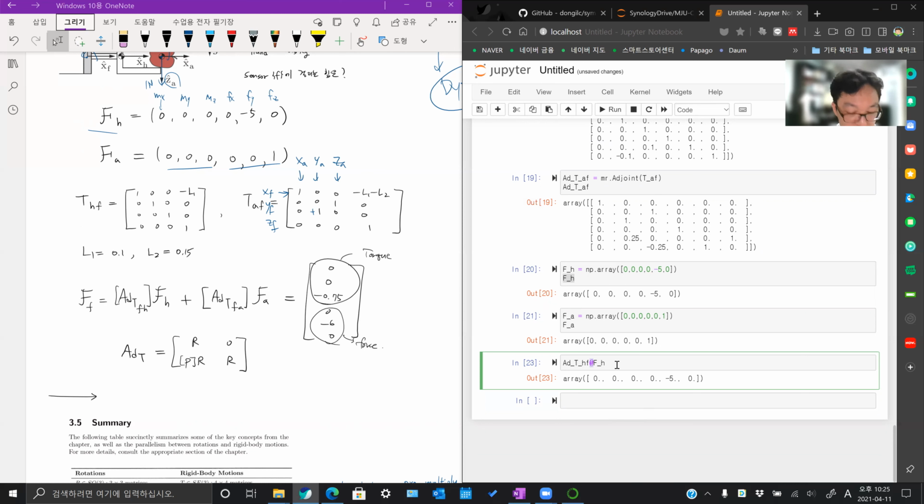This symbol is located on keyboard number 2; if we press the shift key with 2, we can use this one. So it becomes like this, and also plus A.